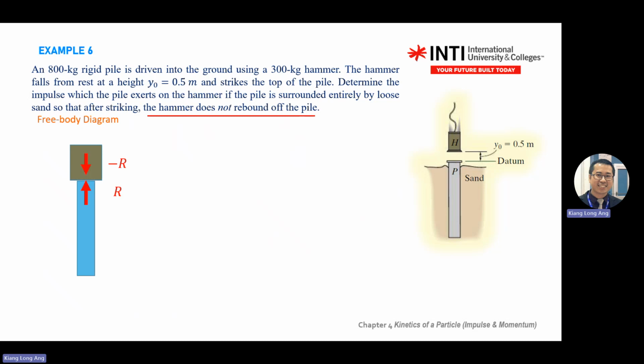You feel something striking your body. So the positive R is for the hammer. Okay, so if you are the blue color, what do you feel if a hammer hits you? You feel some force hit your body. So the minus R is the blue color body. Okay, so this is important. You'll see this one in your test 2 or final exams. When it asks you what forces are acting on those bodies, you should be able to calculate, right? All right.